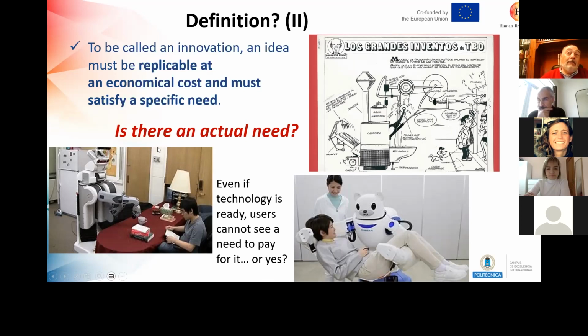But here we have also a lot of different kinds of things. I put here two pictures because they refer to different types of innovations that could exist at this moment in the market, at least on the experimental side. One is just like a robot to put coffee, or tea here.